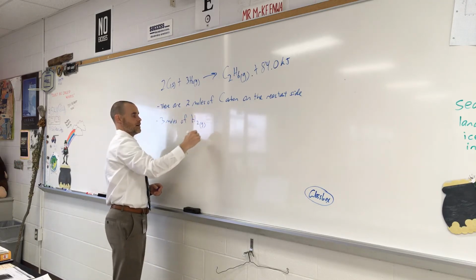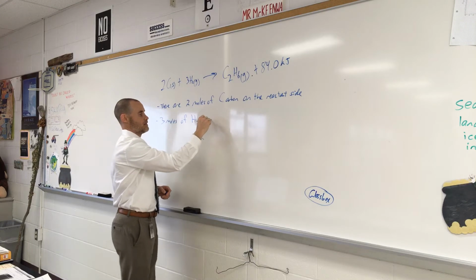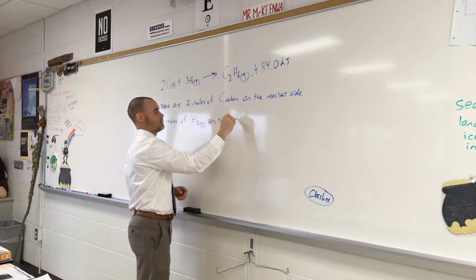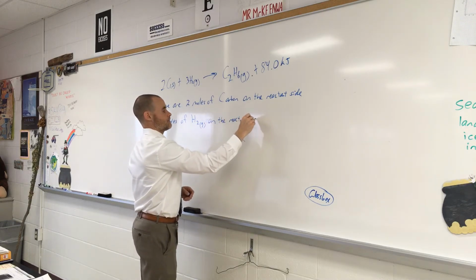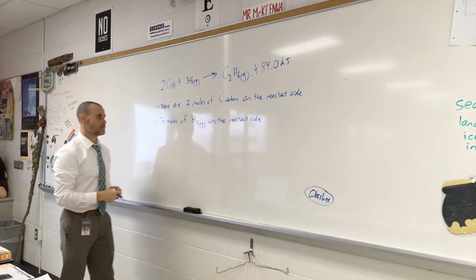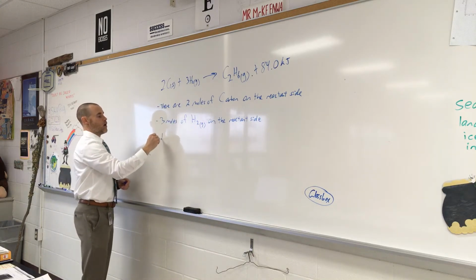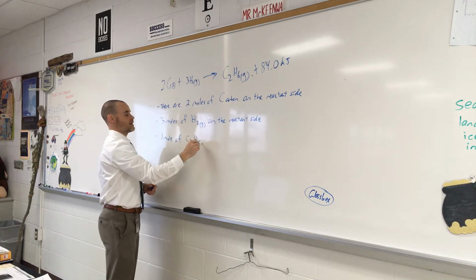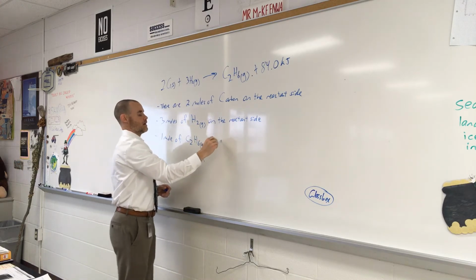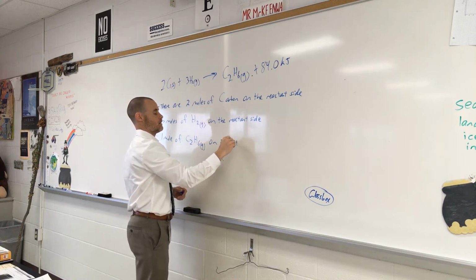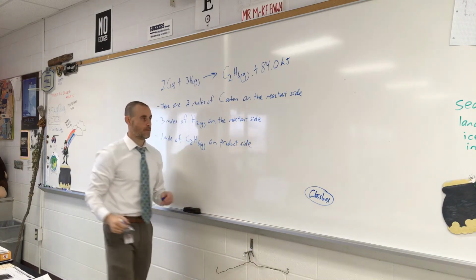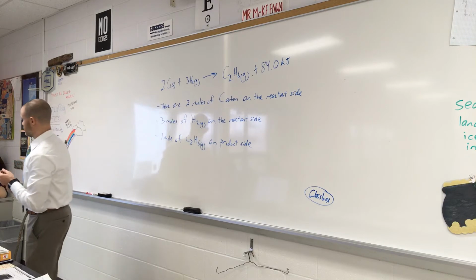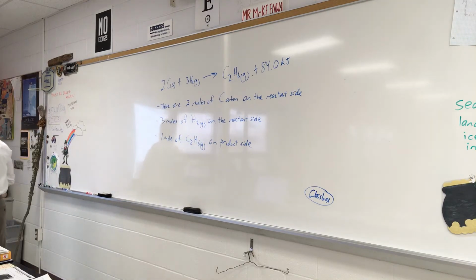I'll put my little G here. There is 1 mole of C2H6 gas on the product side. So, I'm going to start real slow here so you don't get overwhelmed.